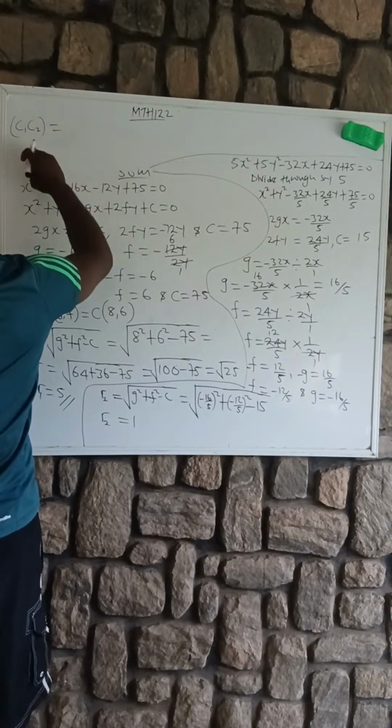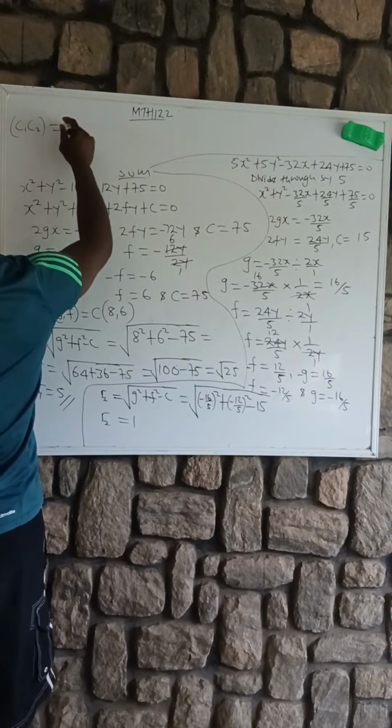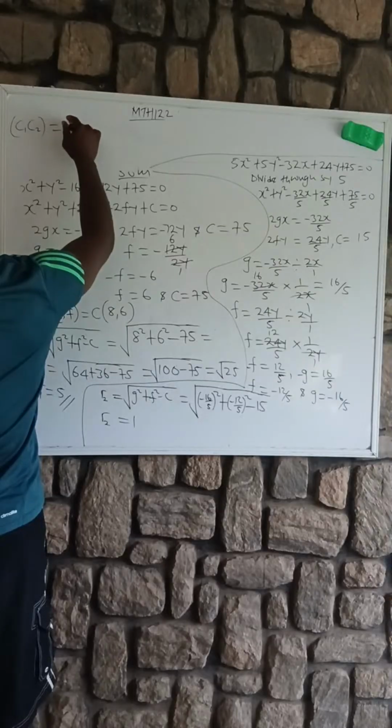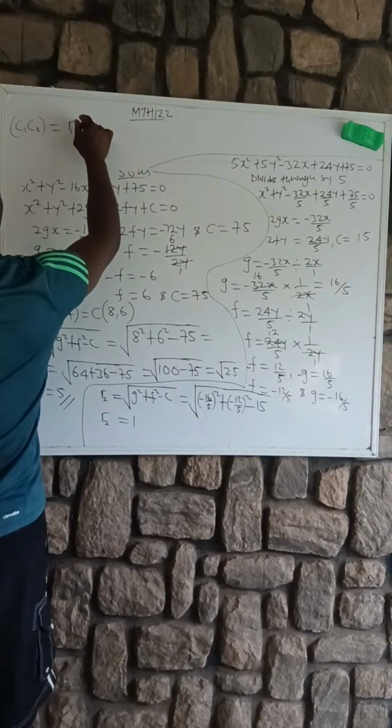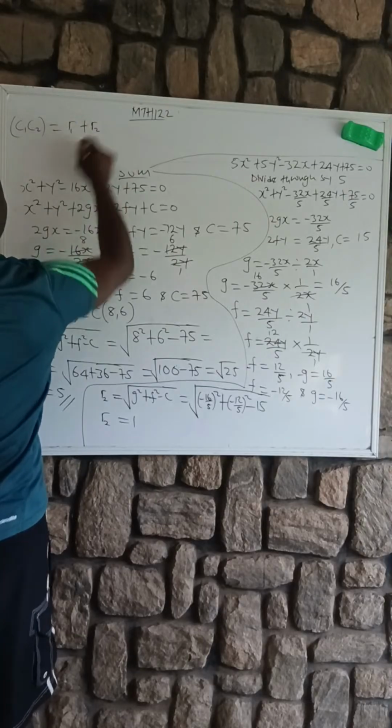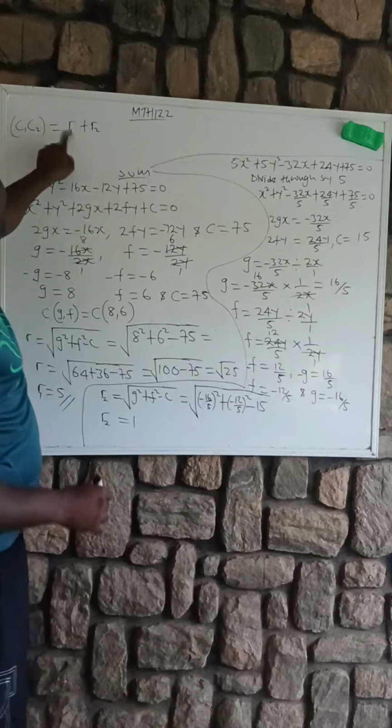Oh, sorry. Center 1, center 2 is equal to what? The sum of the 2 radii. Sorry, yeah.